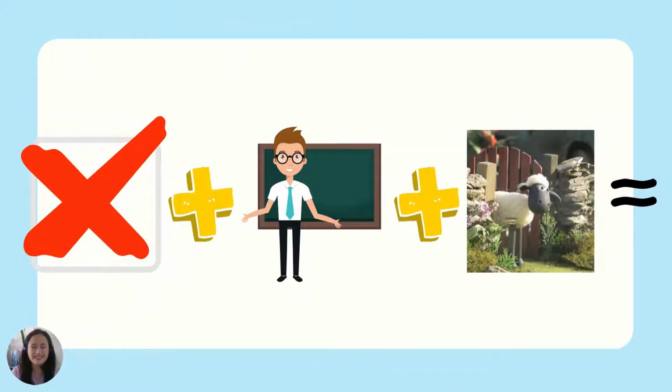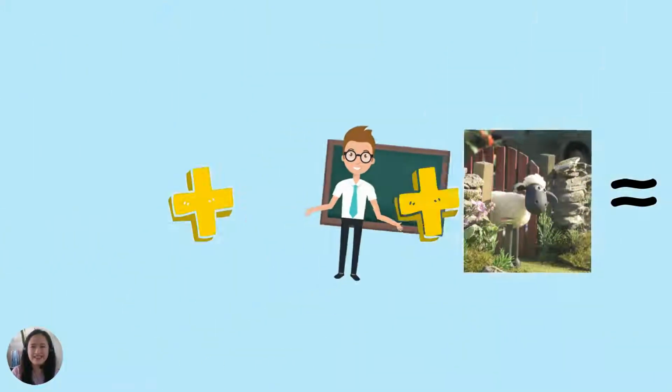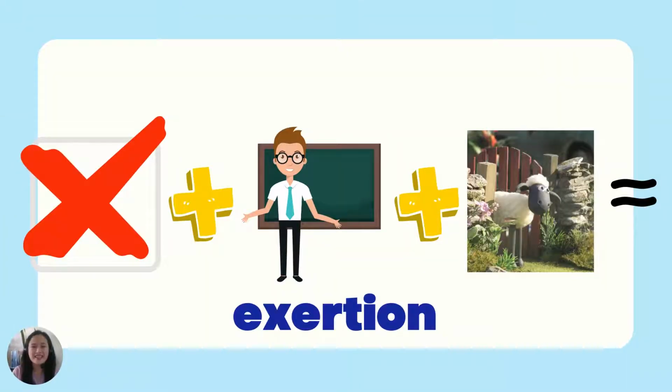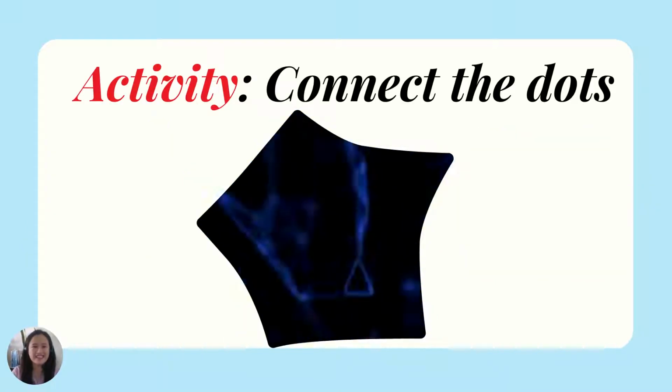What word is it? If your answer is exertion, nice work. Good job, students, if you were able to understand the lesson about camping and the physiological indicators associated in moderate to vigorous activity. Now let us move on to the next activity entitled Connect the Dots.